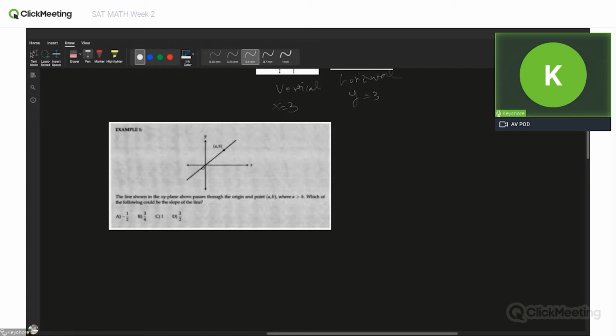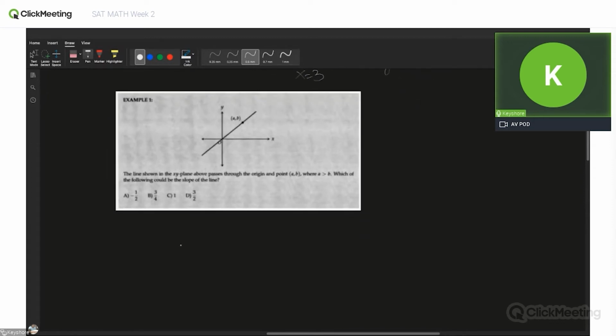They told us that a is greater than b. So this is just symbolically understanding what slope means. Slope is equal to rise over run. In this case, we're going from the origin to that point.